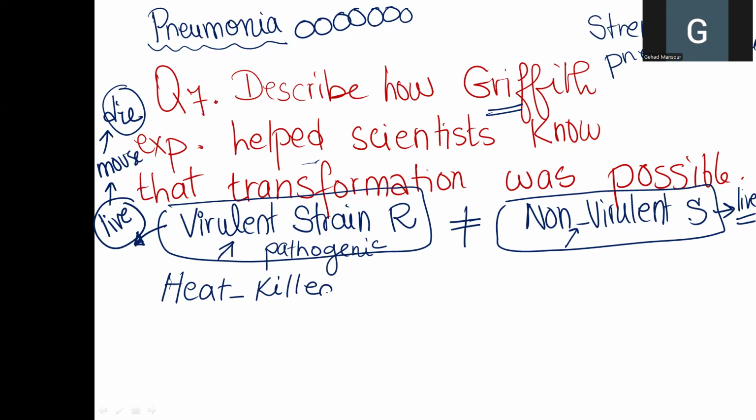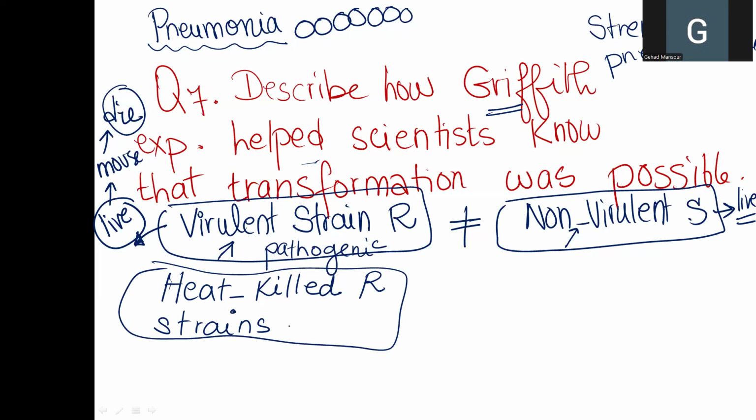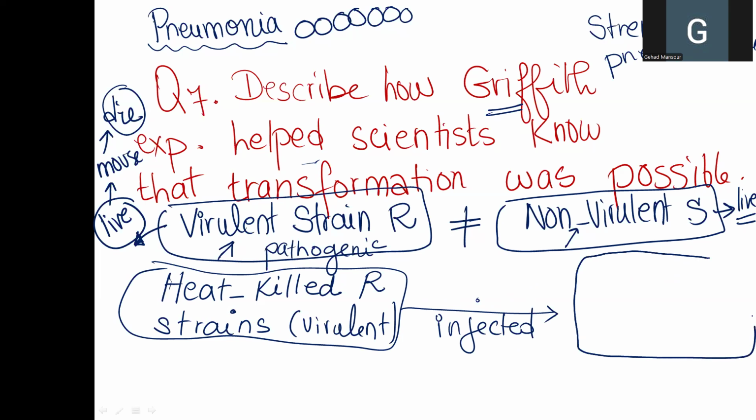And those heat-killed strains were virulent strains causing severe disease. They were injected into a medium, not into a mouse.